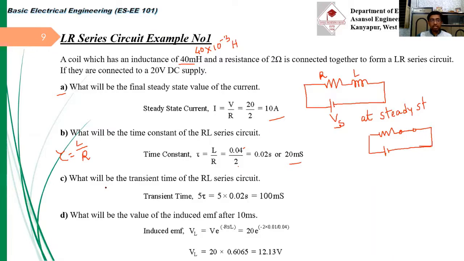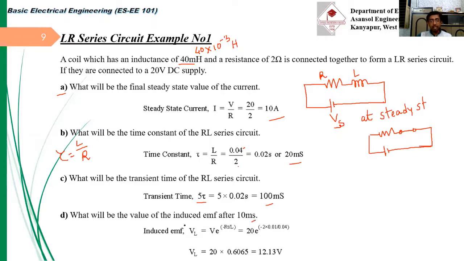What will be the transient time of the RL series circuit at 5 tau? 5 tau means 5 into 0.02, that is 100 millisecond. What will be the value of induced EMF after 10 millisecond?